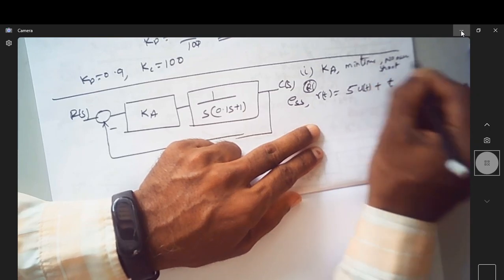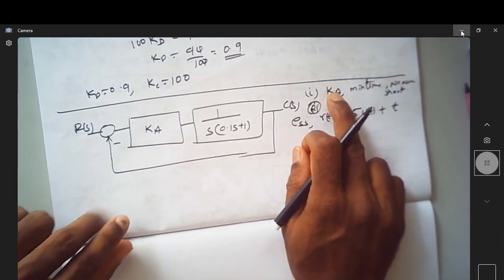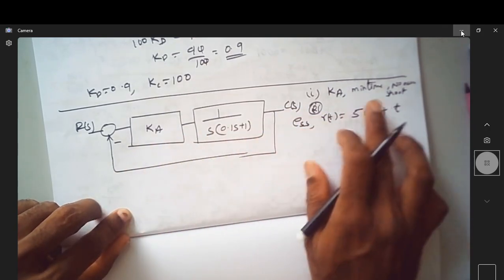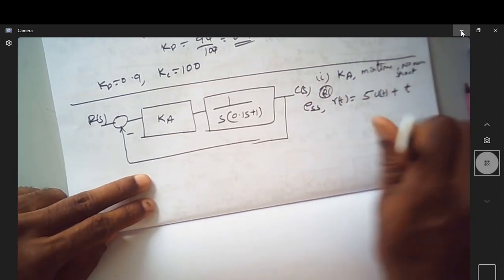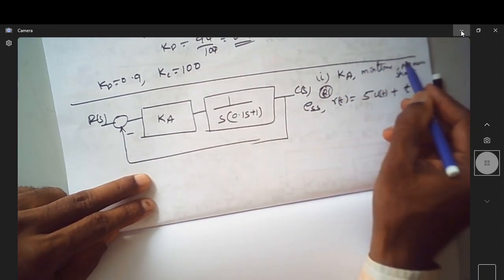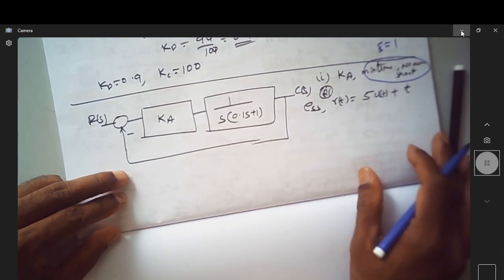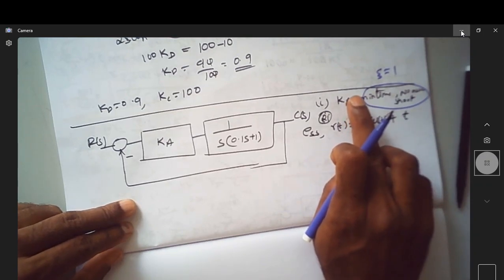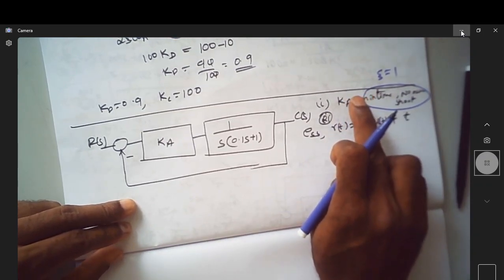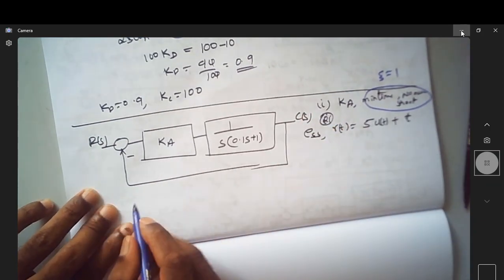So we are first supposed to find the value of Ka that the system takes to reach the steady state in minimum time with no overshoot. This actually gives a clue for zeta to be 1. So taking zeta as 1, first we need to find the value of Ka. After finding the value of Ka, we need to find what is the error. This is the first part, this is the second part.